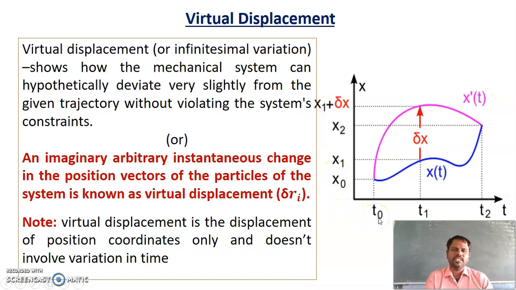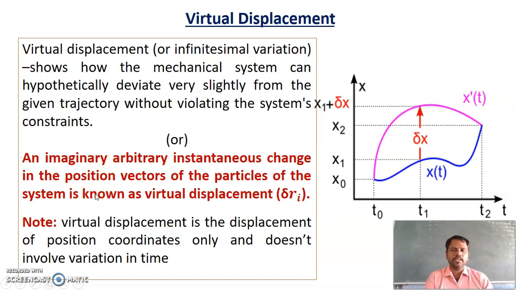For time t equal to 0, the position is A. For time t equal to 2, the position is B. However, for time t1, imagine a particle hypothetically deviates very slightly from a given trajectory without violating the constraints, such displacement is known as virtual displacement.